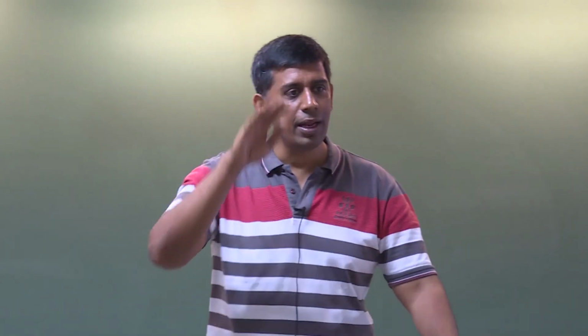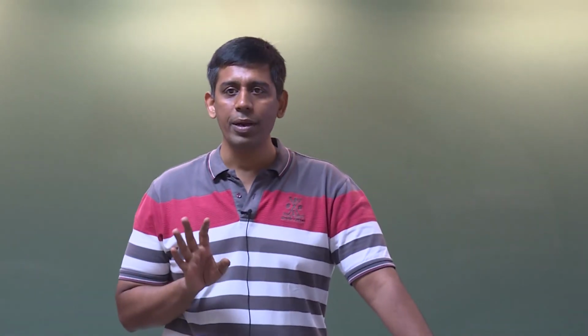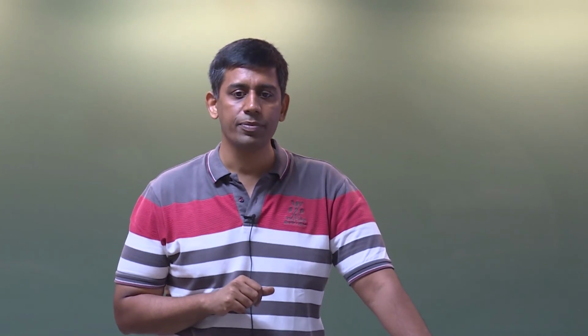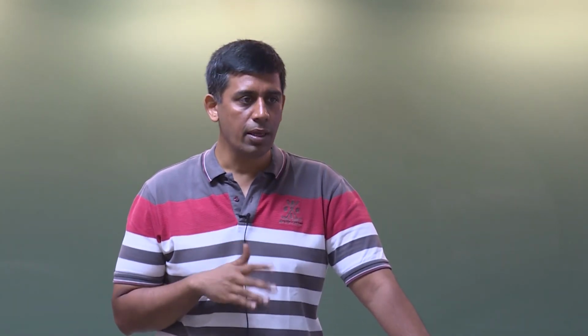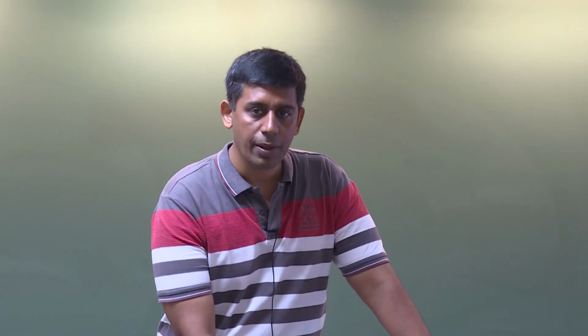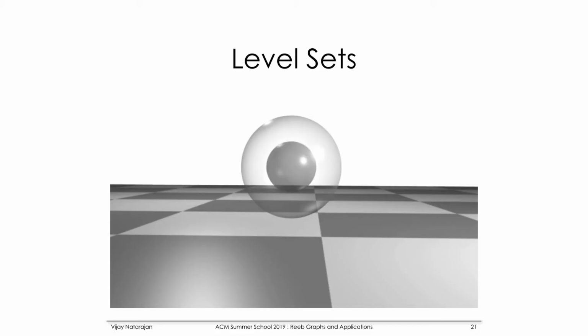And as you keep increasing the function value, you actually got two components of this level set, right? There were two disks which again merged into one and then vanished, right? So this has slightly interesting characteristics in terms of the topology or the connectivity of the level sets, right?